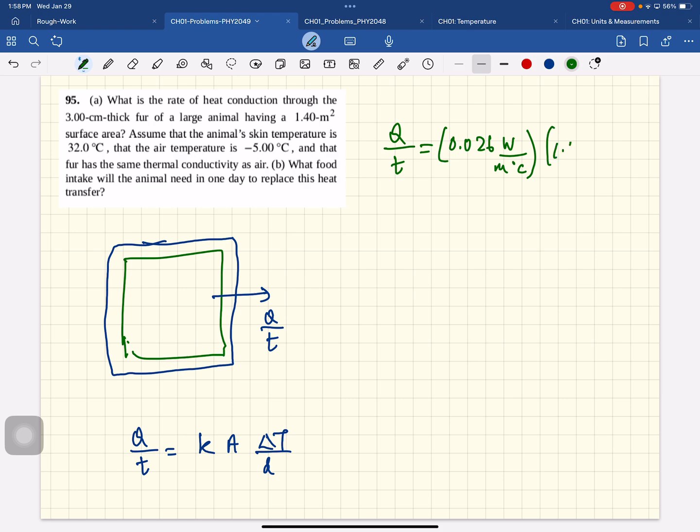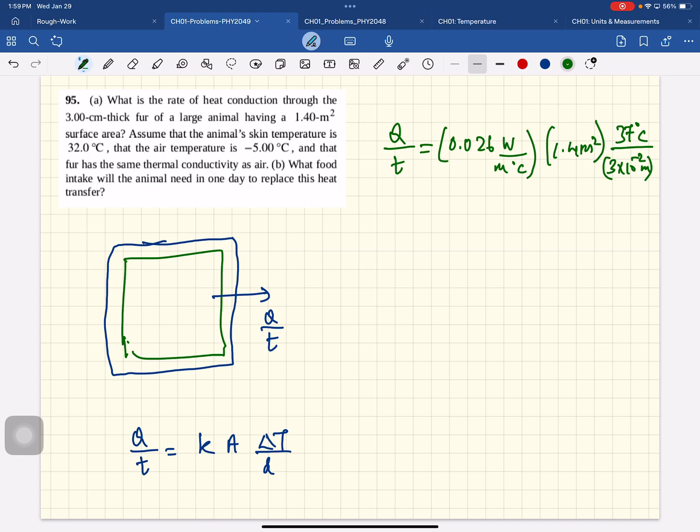Area is 1.4 meters squared. And the temperature difference is 32 plus 5, 37 degrees Celsius. And 3 centimeters.